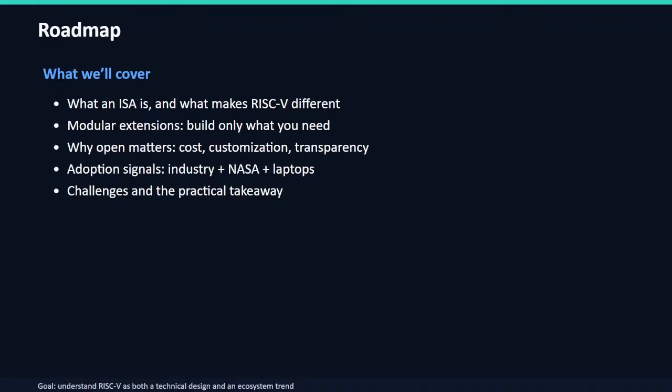So here is our roadmap. We're first going to quickly define what an instruction set architecture is, also known as an ISA, because that is key behind the idea of RISC-V. Then I will show you why RISC-V differs. It's modular, so you can build only what you need.